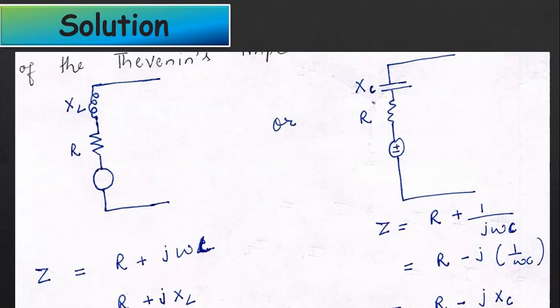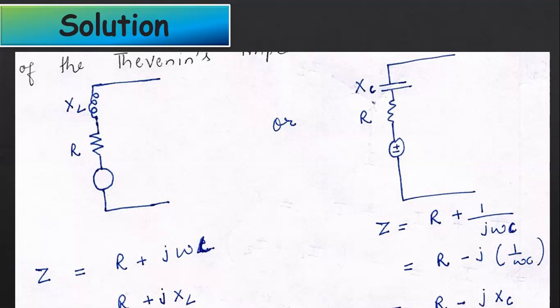So first let us draw the diagram. If the Thevenin's equivalent impedance has a resistance in series with a capacitor or an inductor. If it is having an inductor, then Z will be equal to R plus j omega L, or simply R plus j XL.